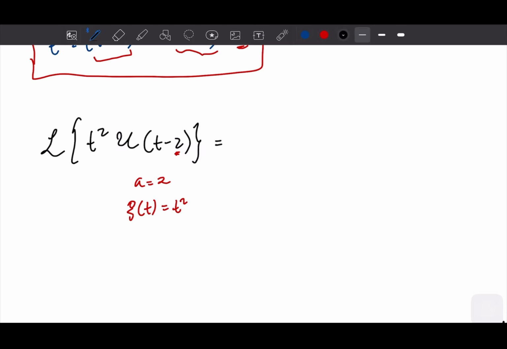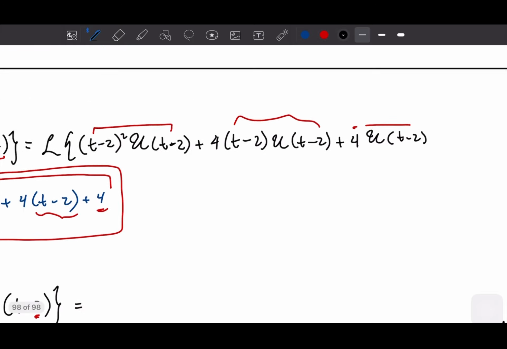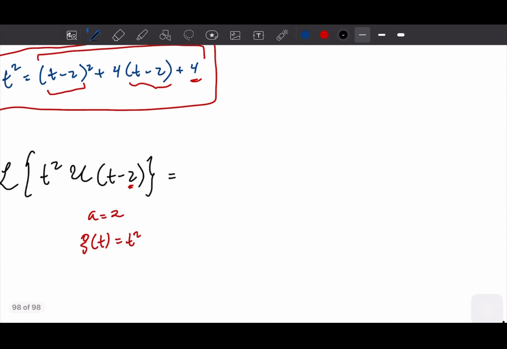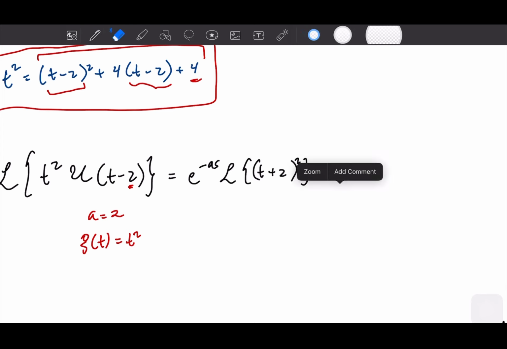So then we could just write precisely as this expression. So e to the power of negative as Laplace of t plus 2 squared. Oh, why am I writing a, it should be 2. So negative 2s.